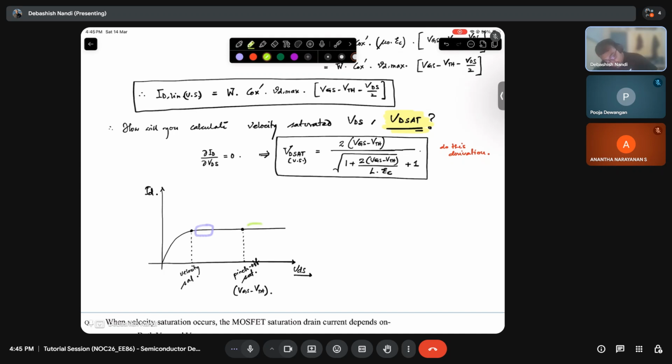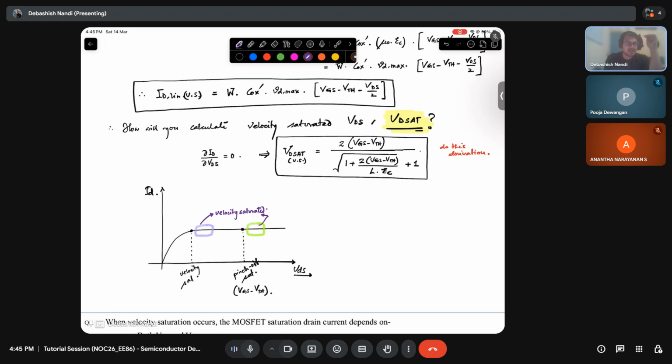In this region, my ID is velocity saturated, right? And this region is also velocity saturated, because the velocity saturation occurred before pinch off saturation, and it limited or saturated the current earlier.